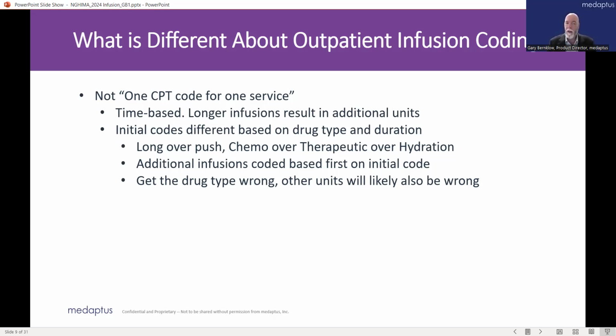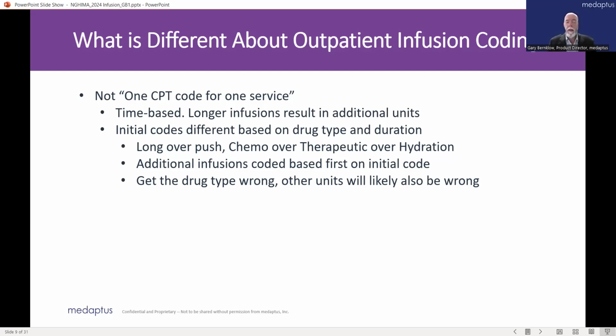On the outpatient side, it's not a one CPT code for one service kind of reimbursement model. Like I said, it's time-based, right? So the longer the infusion duration is, the more billable units you can charge. And then you have things like the hierarchy, and the initial codes differ based on the drug type and the duration given.